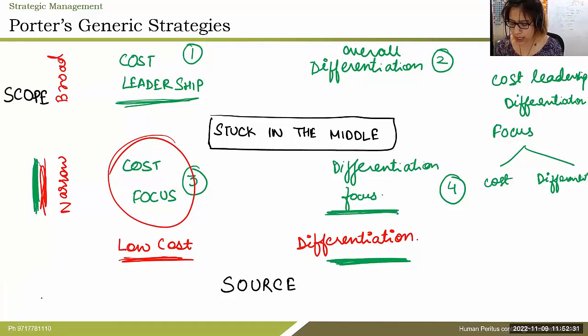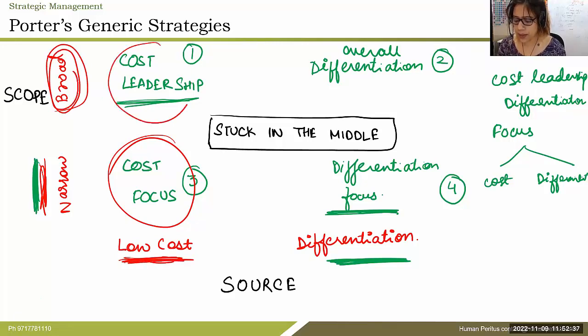When we are looking at a broad market and providing low cost, then we become the cost leader. When we are looking at a differentiated unique product for a broad market, then we call it overall differentiation.